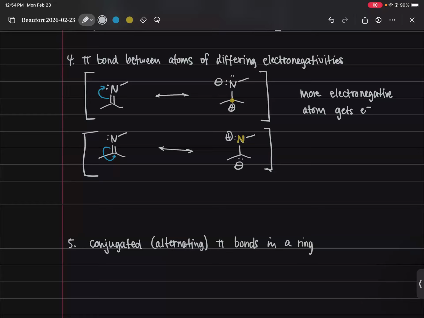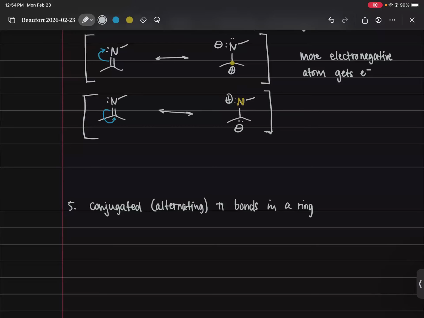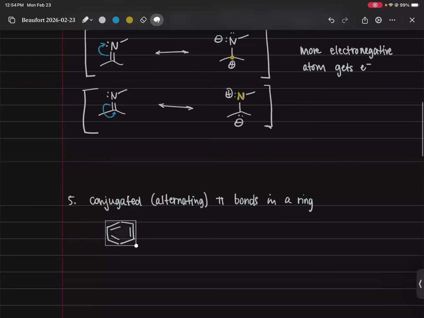Okay, we talked about benzene last time, I think, and benzene is essentially the last example, although it's not just benzene. Benzene and some other compounds that are like benzene. But we can have conjugated, and in this case, it's just going to mean alternating pi bonds in a ring. Should make this bigger. Sorry. And what we can do here is essentially scoot all of the bonds by one position at the same time.